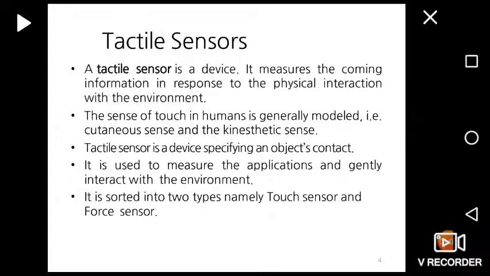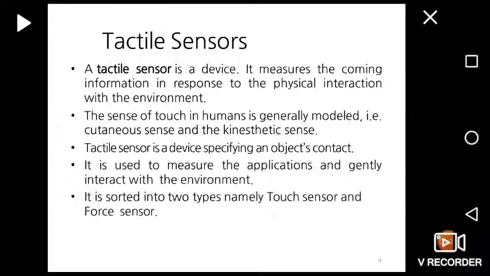Tactile sensors. A tactile sensor is a device that measures the information arising in response to physical interaction with the environment. The sense of touch in humans is generally modeled by the cutaneous sense and the kinesthetic sense.